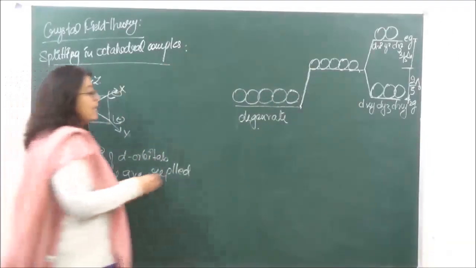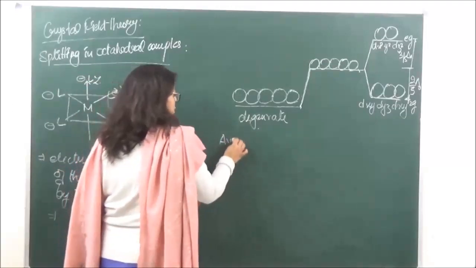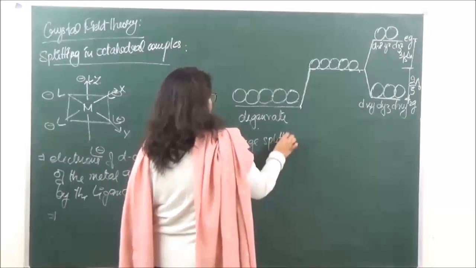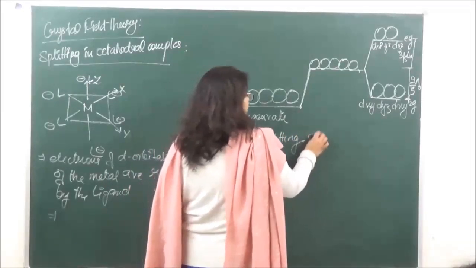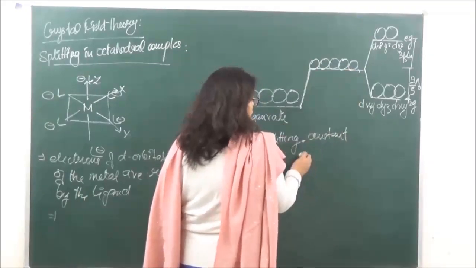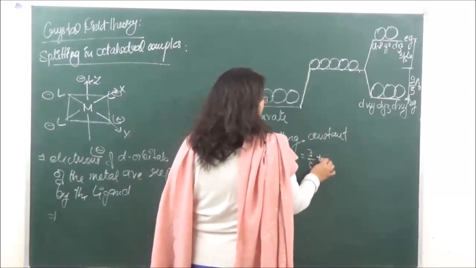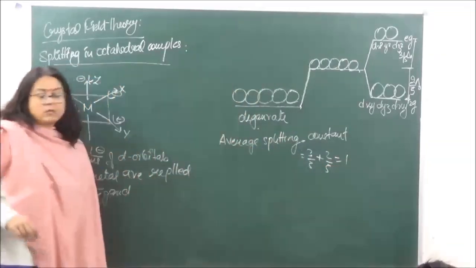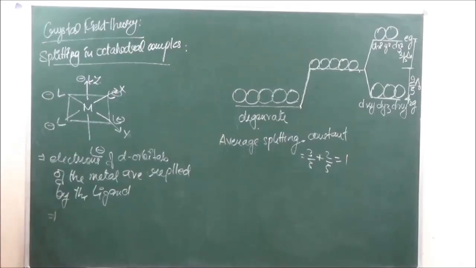But remember that the average splitting energy will be a constant. If you add up the splitting energy, 3 by 5 plus 2 by 5, that becomes equal to 1. So the average splitting energy is going to be the same.